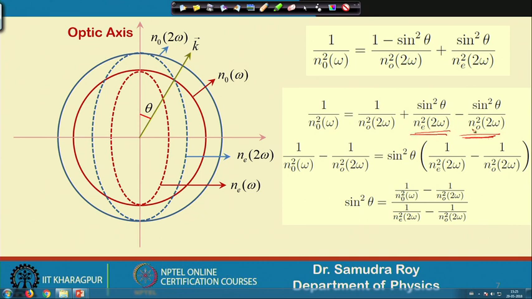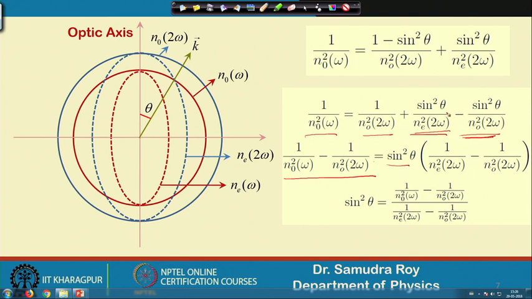So, these two terms are functions of sin theta, and we have another two terms. I put this term in the left hand side and I am getting 1 divided by n_o squared of omega minus 1 divided by n_o squared of 2 omega. So, this is the ordinary refractive index of 2 omega and the ordinary refractive index of omega, and in the right hand side we have sin theta.